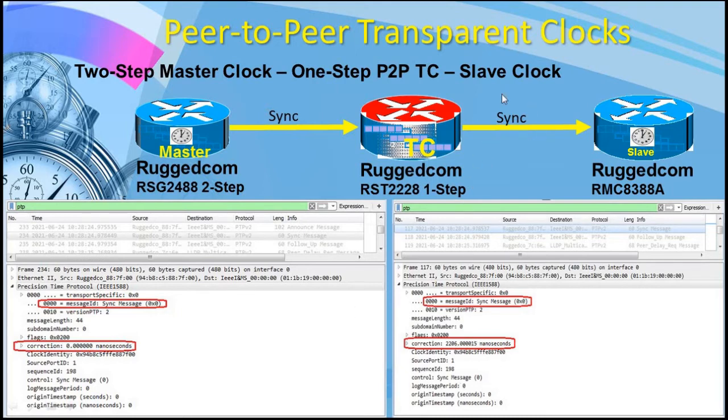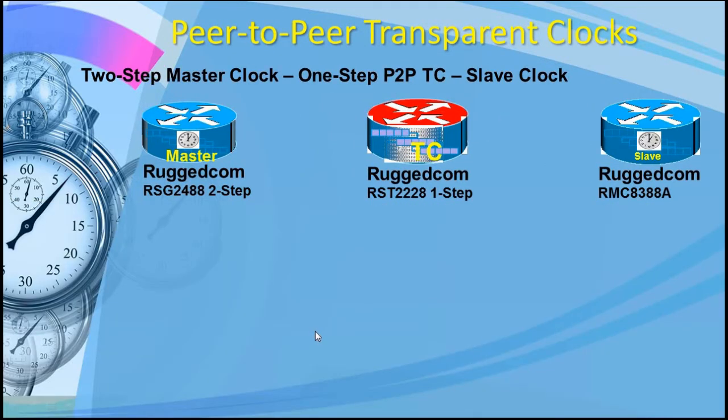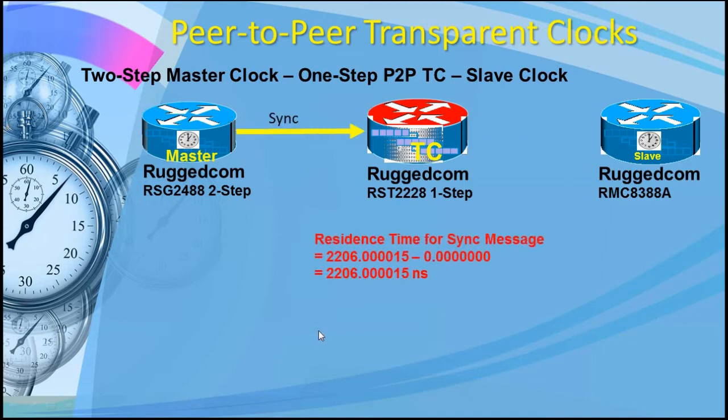After sending out, the sync message correction field is 2206, so around 2.2 microseconds. So the sync message received and sent out calculates the residence time of 2.2 microseconds by the transparent clock.